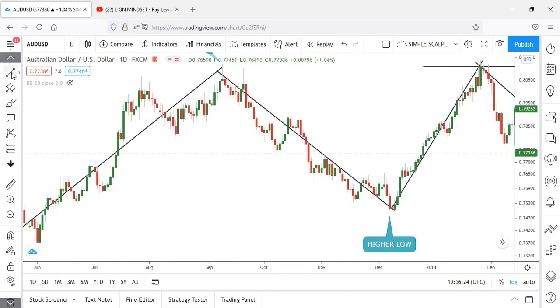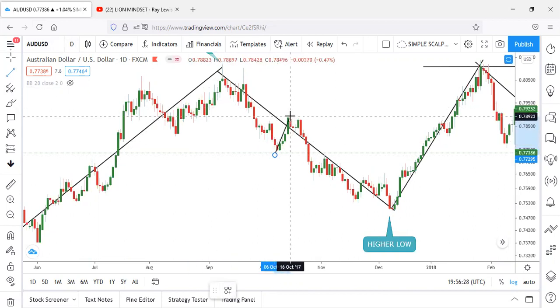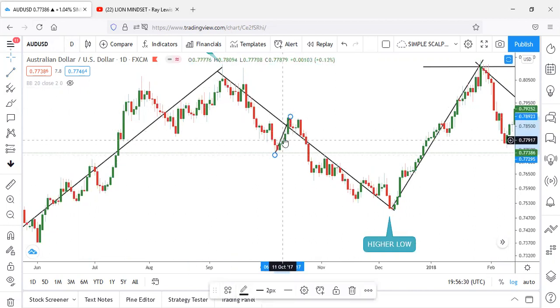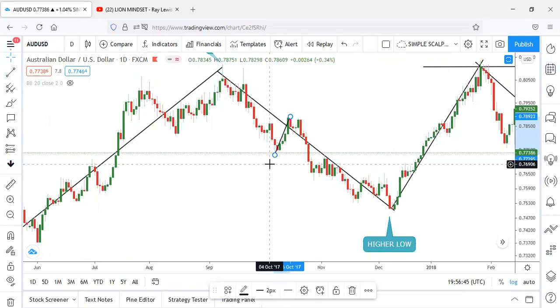Even on this move alone, we are on daily. On this move alone, you will see several higher highs and higher lows for an uptrend. Between here and this place, you will see several higher highs and higher lows for an uptrend.